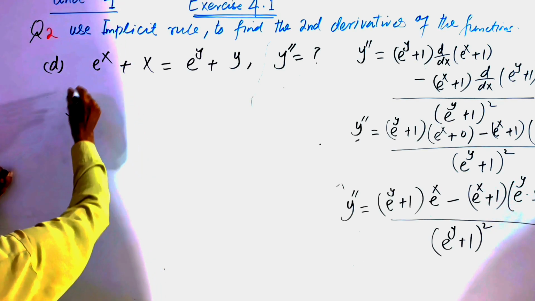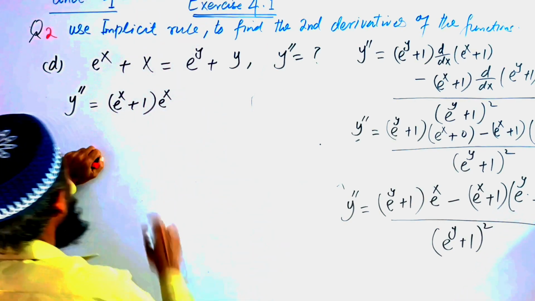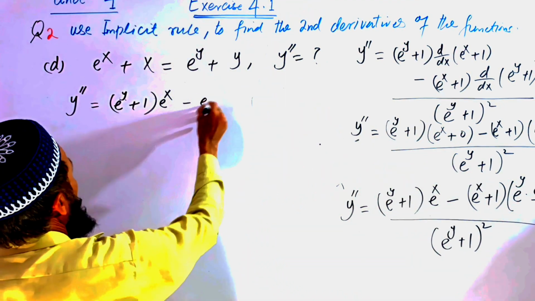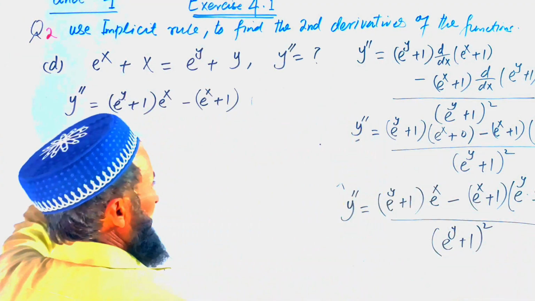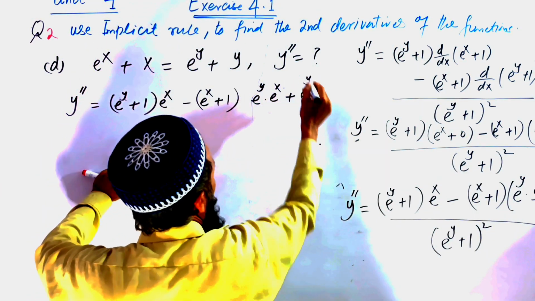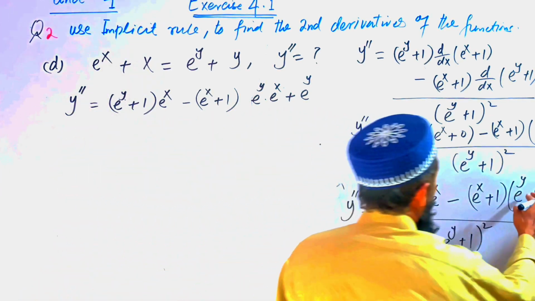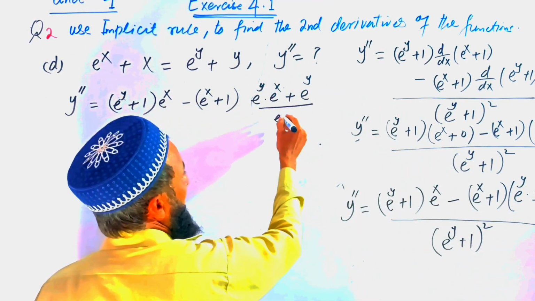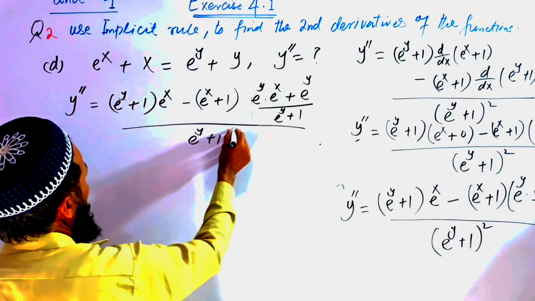y double dash is equal to e power x plus 1 into e power x into e power y plus 1, minus e power x plus 1 into e power x into e power y, and divided by e power y plus 1 divided by e power y plus 1 whole square.